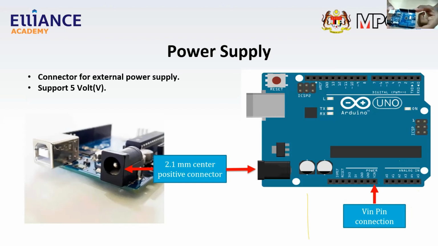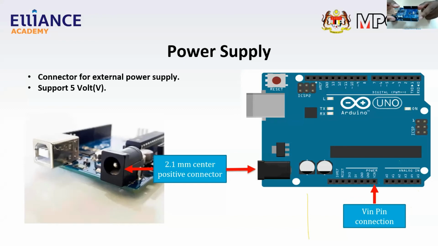This VIN pin on the Arduino board is also capable of powering up the board. If you ask how, simply connect your battery. The battery will have two wires, one to the ground and one to the power. The power will be connected to this pin in order to power up this board. So there are actually many ways to power up. There are a total of 3 ways to power up this Arduino board.